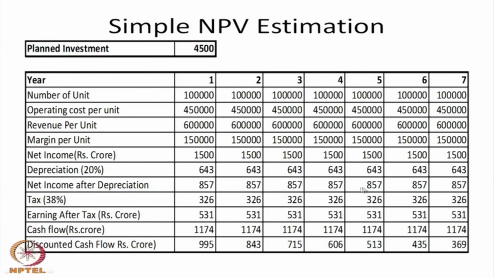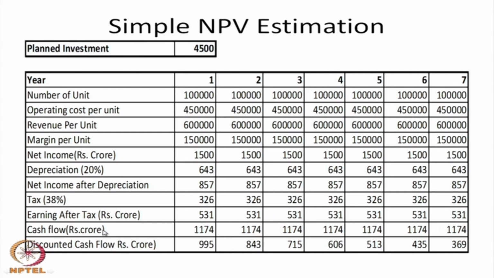On this net income you have to pay tax at 38%. So 38% of 857 is 326 crores tax every year. The income after tax is 857 minus 326, which is 531 crores every year.